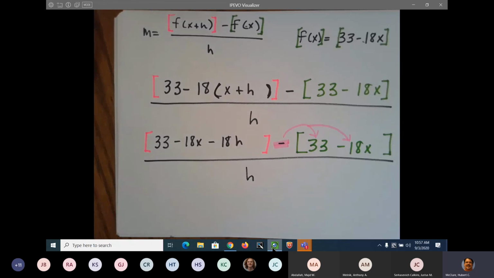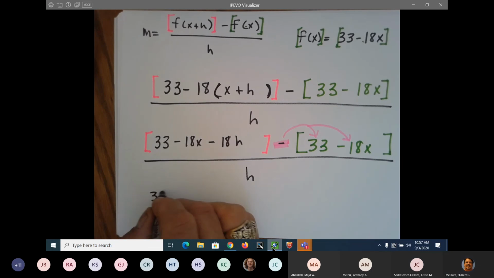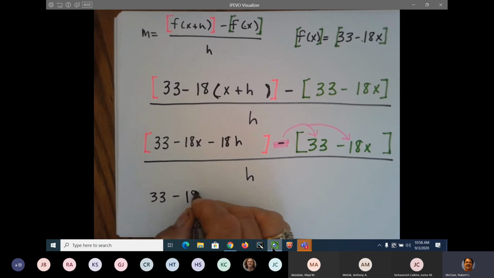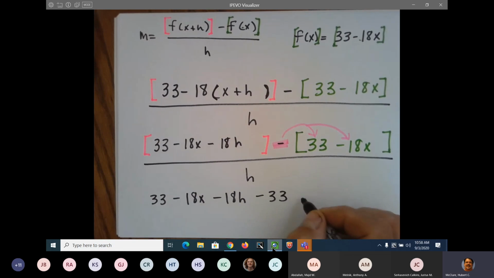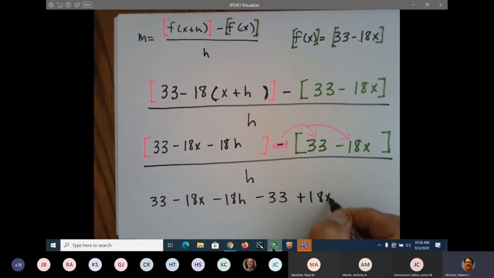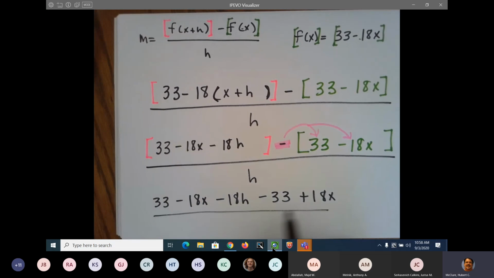So that negative 18x is going to change, whereas most of you will put a negative 18x on the answer. And it's not. It's positive 18x. So 33 minus 18x minus 18h minus 33 plus 18x over h.